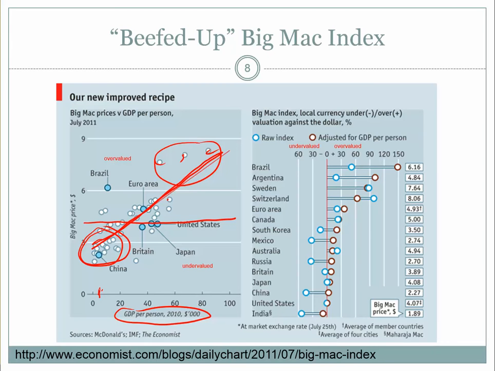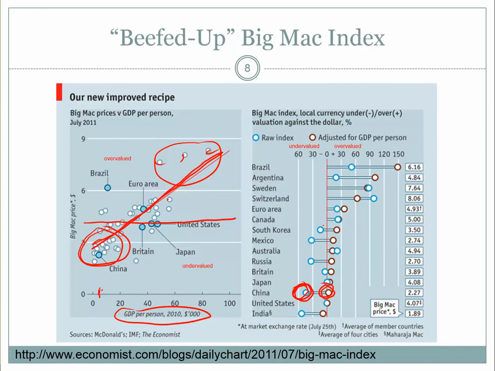So the Economist magazine has made an adjustment. So here's our initial 44% undervalued yuan value based on the ratio of prices. If you make a simple adjustment for incomes, they then come to the conclusion that the currency is fairly priced. Now, when this was published, this is 2007, you can see that this adjustment made a big difference.